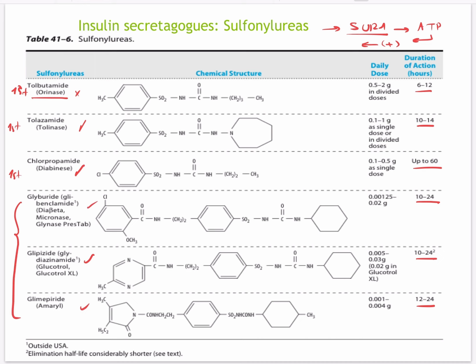Just tolbutamide, the first one, is metabolized to an inactive form. Because of this, the duration of action is very low, and also usually after metabolism they are secreted in the urine, and then we can test it in the laboratory with a urine test also.